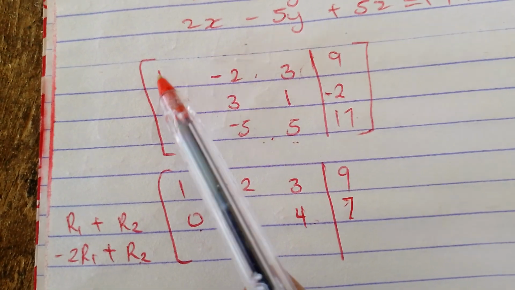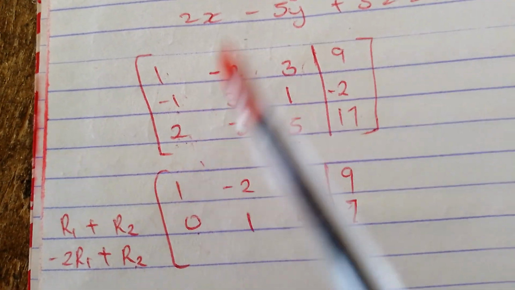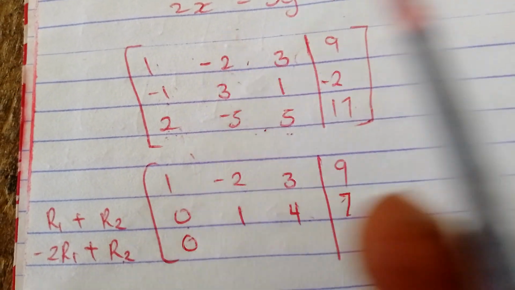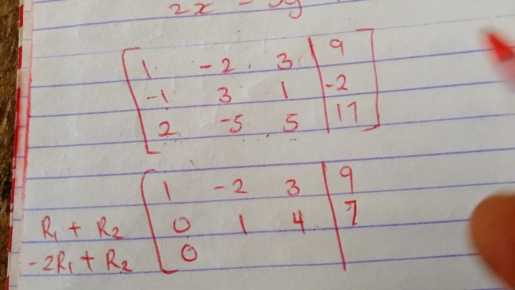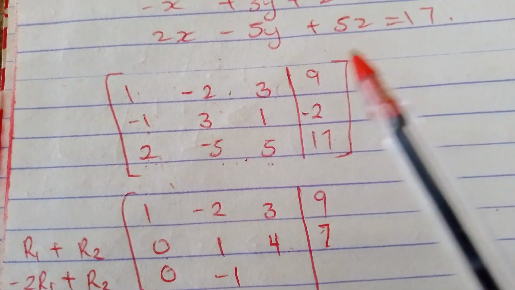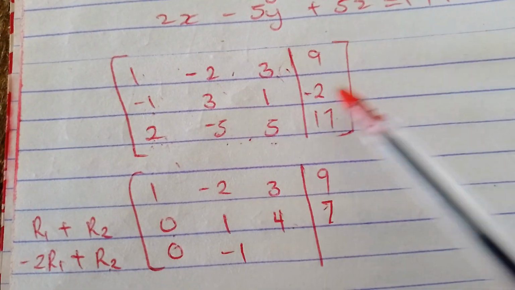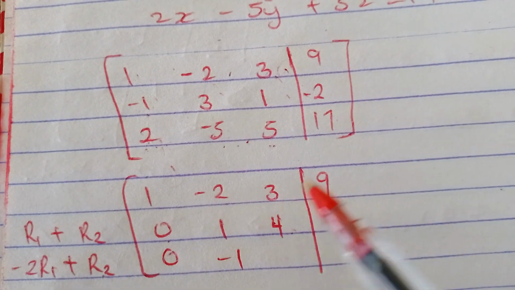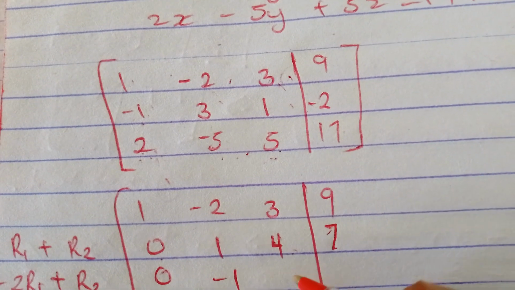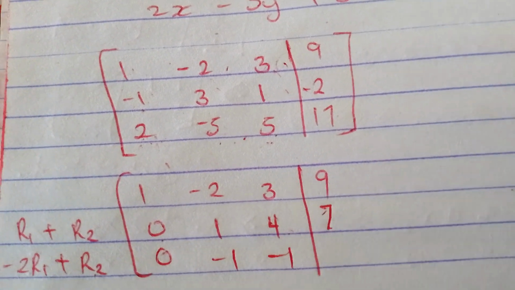So here negative 2 times this is negative 2, so this goes to 0. Negative 2 times this gives us 4, and then 4 plus that gives us negative 1, and then 3 times negative 2 is negative 6, negative 6 plus that gives us negative 1 again.